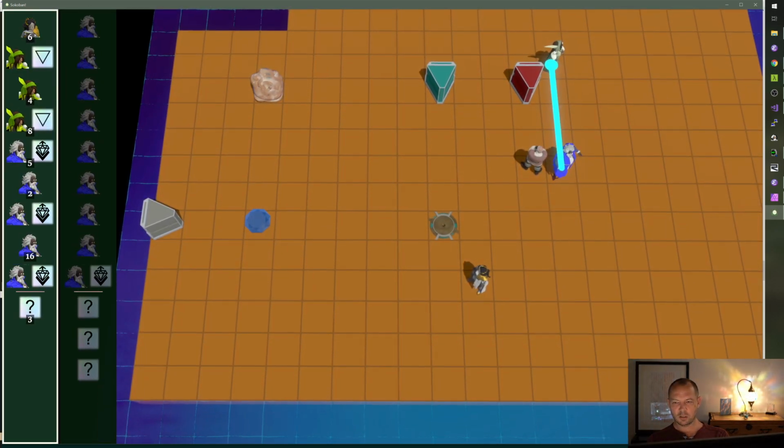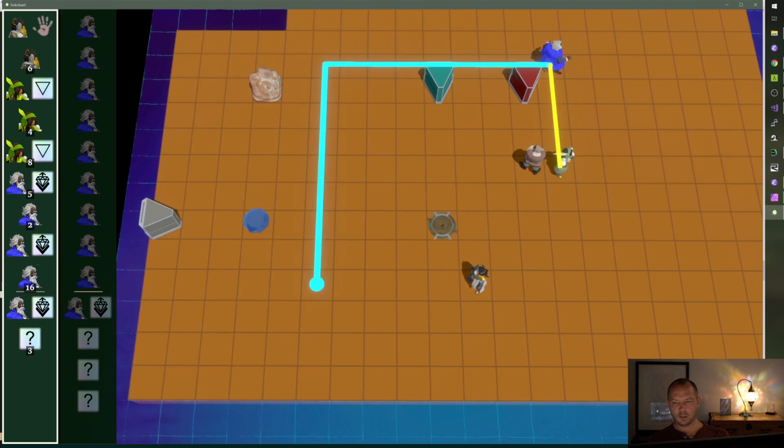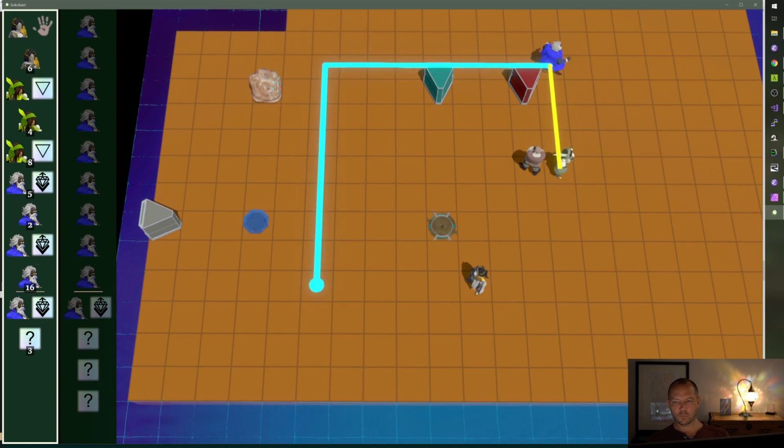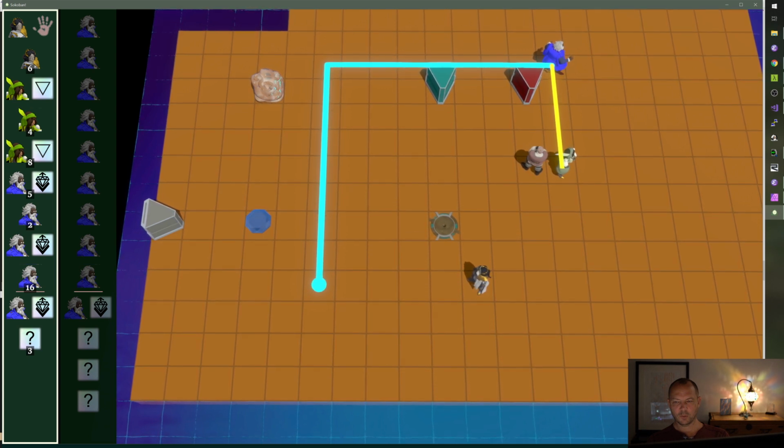Badge. Hey, there we go. So we can go forward or backward. These colors are actually kind of ugly right here. But anyway.